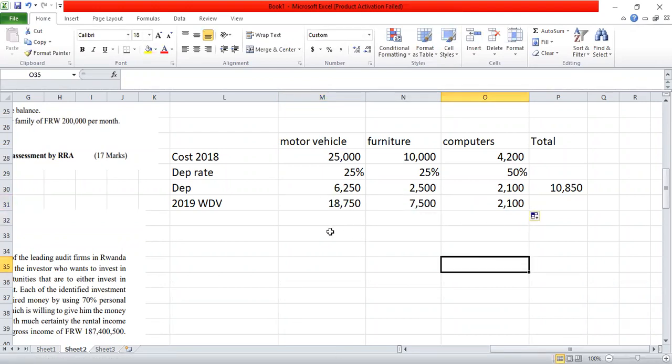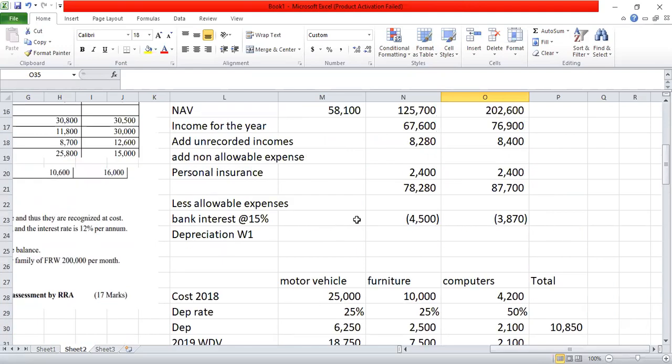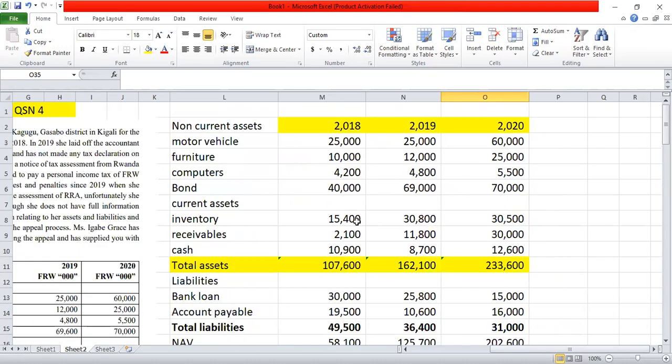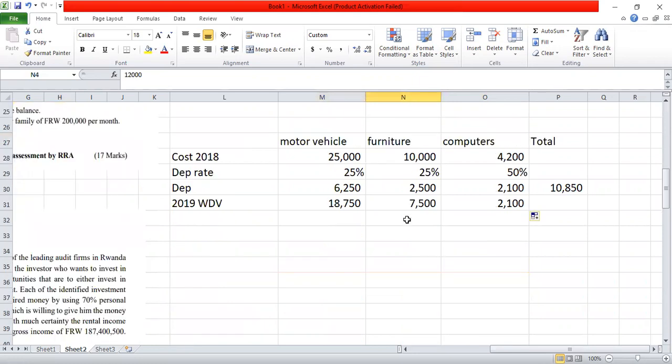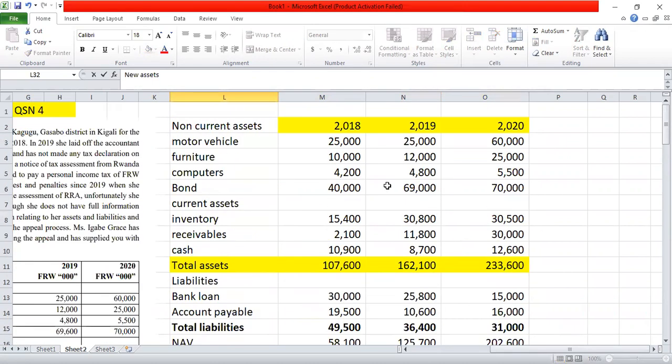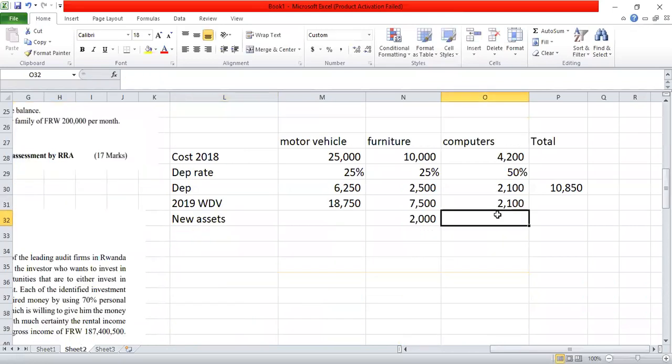Then we can check 2019, do we have any new asset purchased? If you compare here motor vehicle, 2018 it was 25, here it is 25, no new motor vehicle purchased. If you come to furniture, we had 10, now we have 12. It means we purchased furniture of 2,000. New asset. If you come to computers, they were 4,200, 4,800. We purchased another computer at 600.